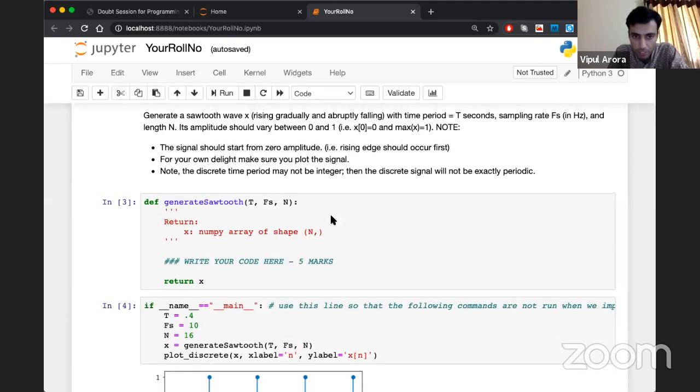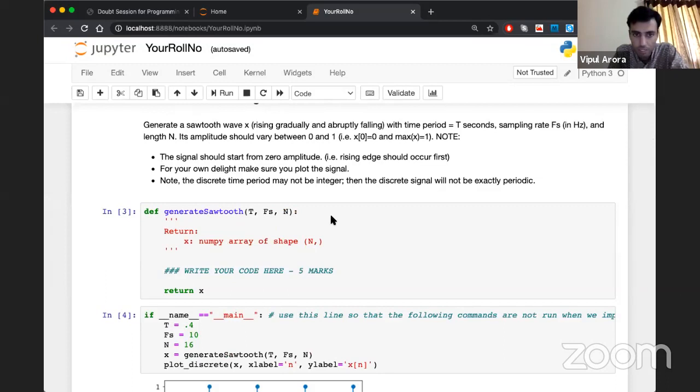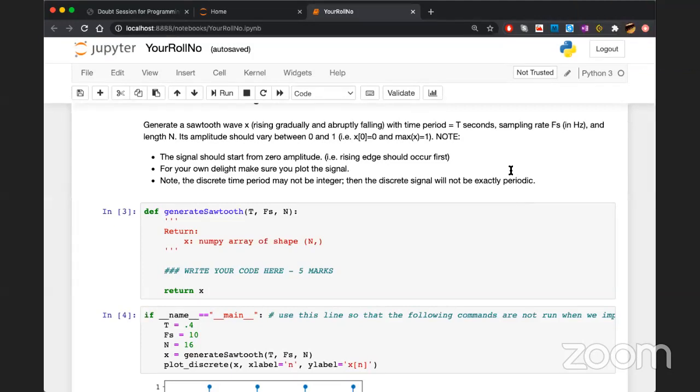Which space? Could you please ask your question, Sumit? Sir, actually it is not space, sir. I am asking about the array of shape. What is array of shape? Like shape, I don't understand.